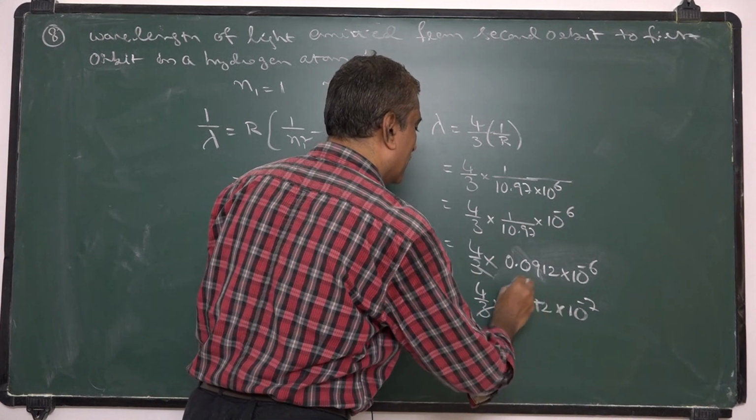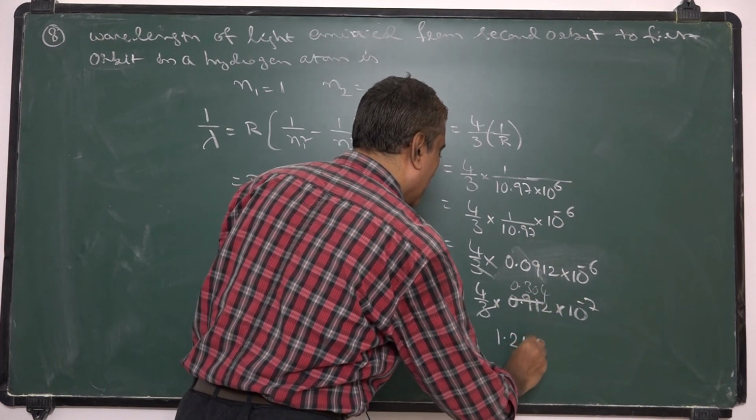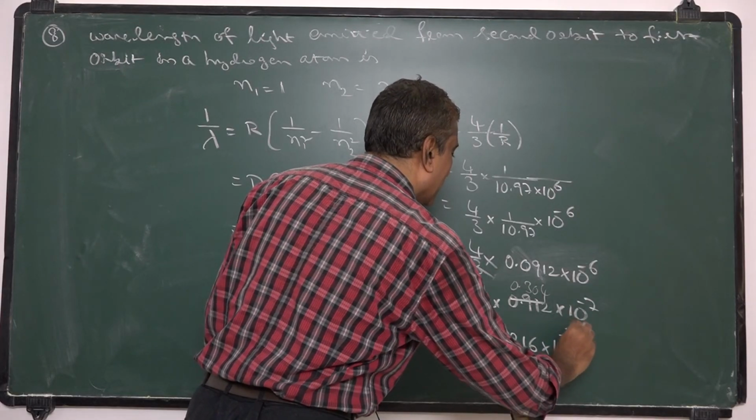So 4 by 3 into that gives 1.216 into 10 power minus 7 meter.